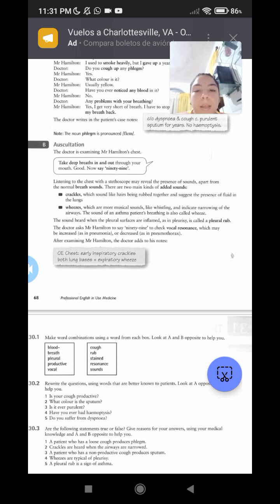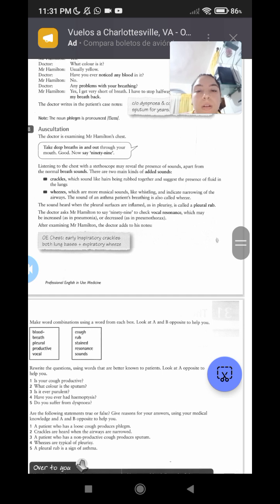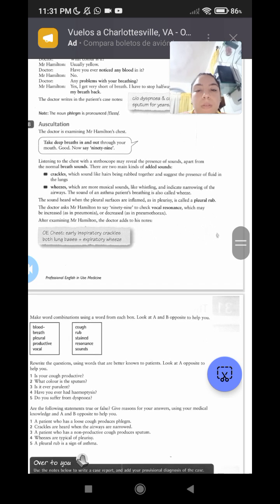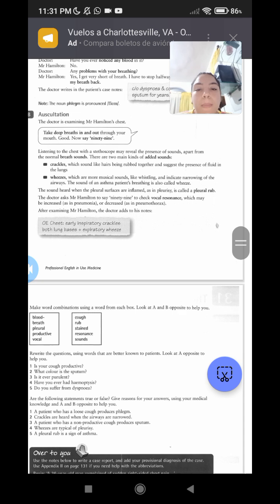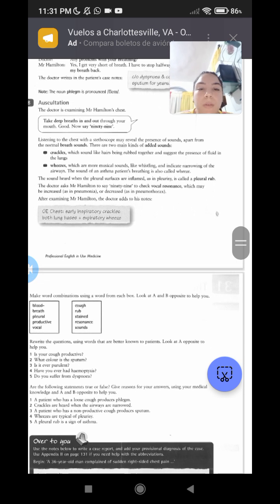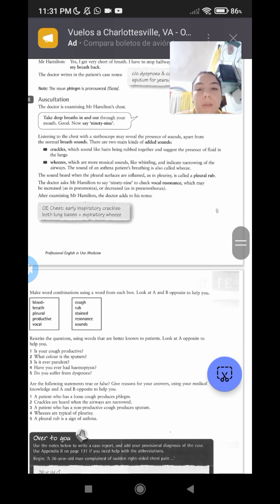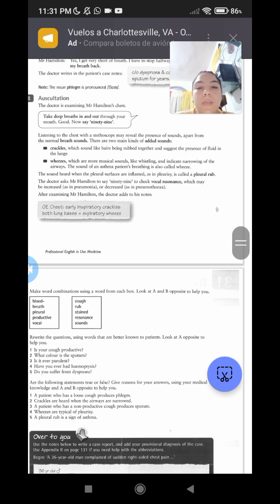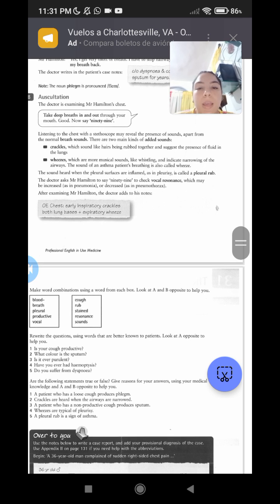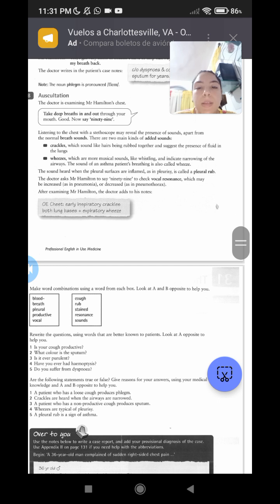Listening to the chest with a stethoscope may reveal the presence of sounds apart from normal breath sounds. There are two main kinds of other sounds. Crackles sound like hair being rubbed together, and indicate the presence of fluid in the lungs. Wheezes are more musical sounds, indicating narrowing of the airways.